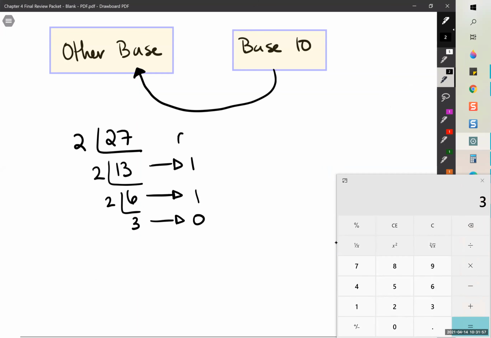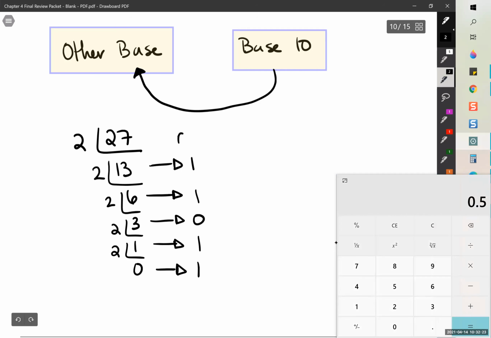That's where we were going to. Continue. 2 goes into 3 1 time perfectly. So 2 times 1 is 2. We want it to be at 3, so that's a remainder of 1. 2 goes into 1 0 times because 2 is larger than 1. 2 times 0 is 0. We wanted to get to 1, so the remainder is 1.